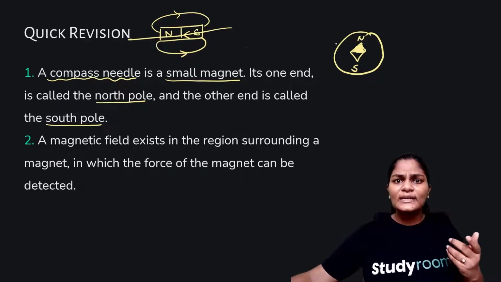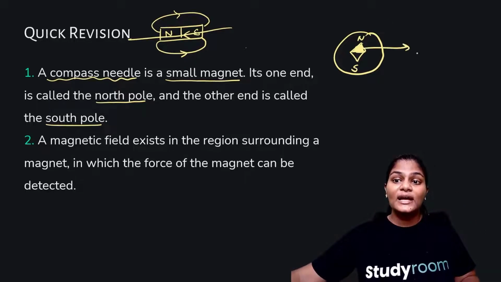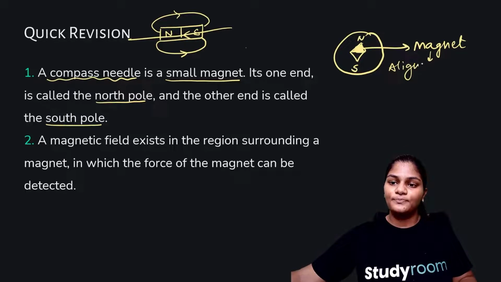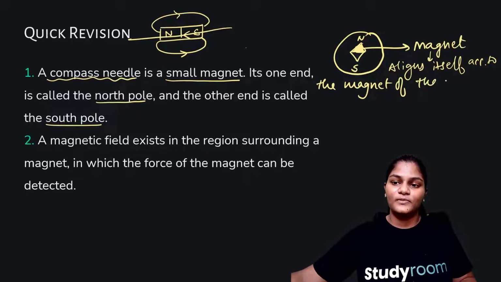So how is this needle able to tell you the north and south direction? It is because this compass needle itself is actually a magnet, and this magnet aligns itself according to the magnet of the earth.